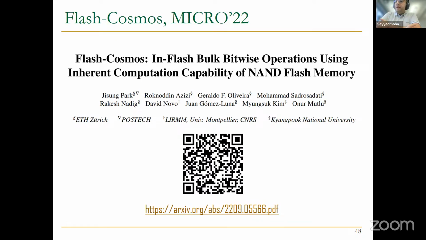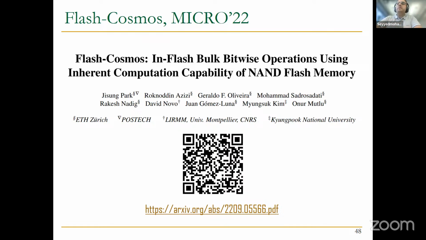Essentially, we show that if you activate or sense multiple word lines together in an SLC NAND flash, and in the previous slides we only considered the case where we apply one reference voltage, but if you apply several reference voltages or sense multiple word lines at the same time, you will have an AND operation or an OR operation, depending on whether those word lines are inside one block or between blocks.